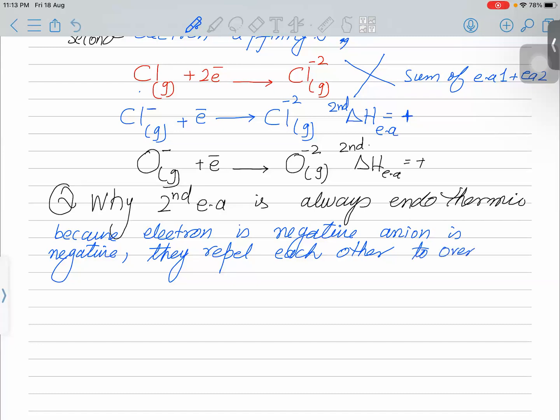To overcome this repulsion, energy is required to get an electron.